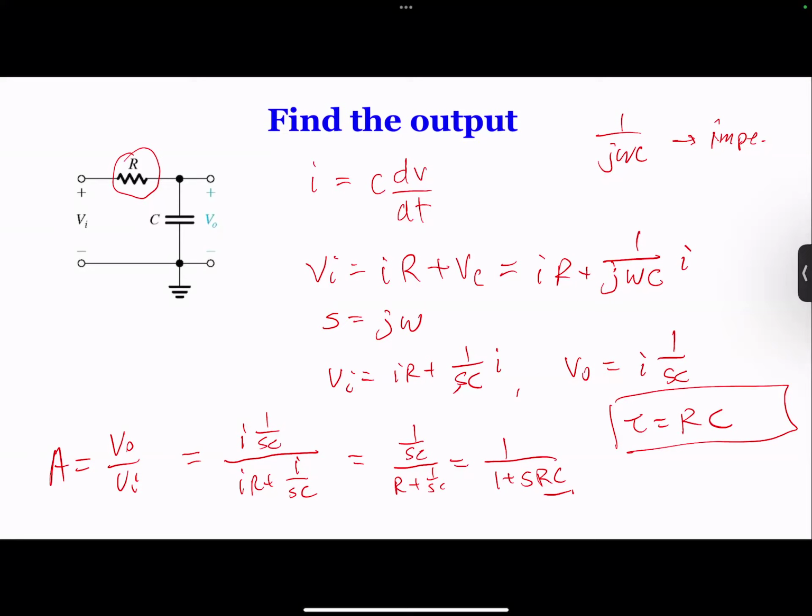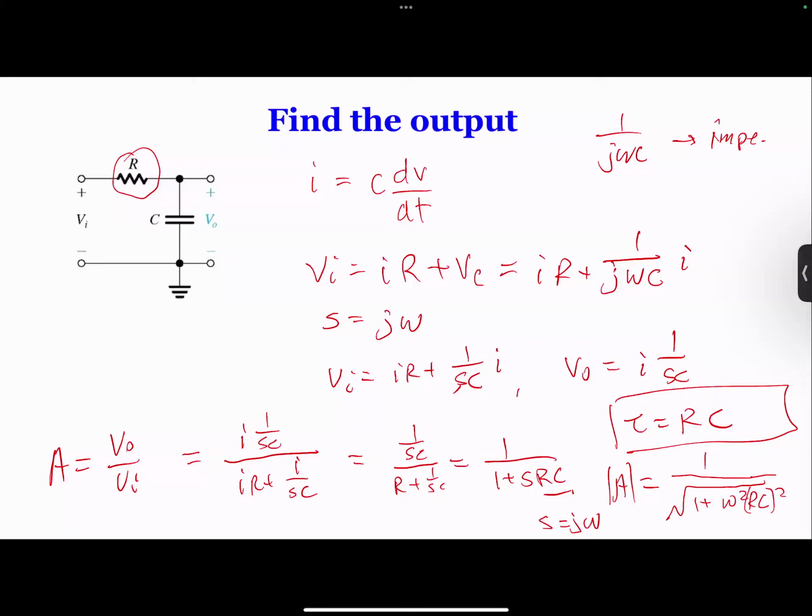Now we can also get the gain as its absolute value by plugging in S equal to J omega. So you can get this to be 1 over the square root of 1 plus omega squared RC squared.